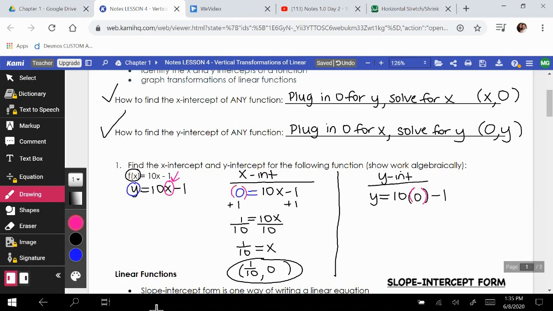Really, I could have even put parentheses around 0 over here when we found the x-intercept. It just wasn't necessary, but in this case, the parentheses are necessary so that you know that there's multiplication there. 10 times 0 would be 0. So I get y is negative 1. 0, negative 1 is how I want you to write your ordered pair for the y-intercept.